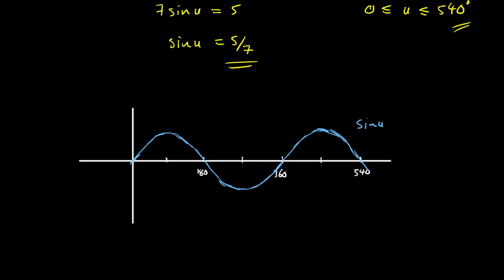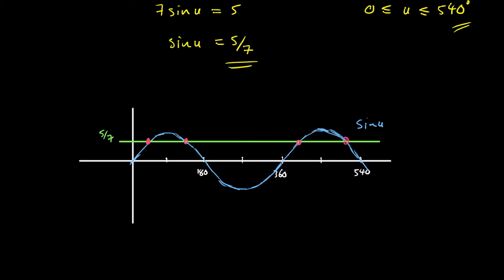Now we want to find where sine u is equal to 5/7, which means that we're trying to find where our curve cuts the line y equals 5/7. Well, it's going to cut it here, here, here, and here. So we're going to have 4 intersection points.